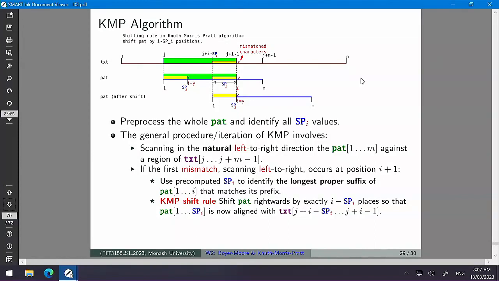Okay? So that's the shift rule. There's only one shift rule in KMP, nice and clear. So what happens if there is an occurrence of the pattern in the text, if i goes all the way to m, which means that the whole pattern is matched in the region in the text? If the whole thing matches, you just have to shift by m minus SP of m, because you still have the longest proper suffix of 1 to m that matches the prefix.